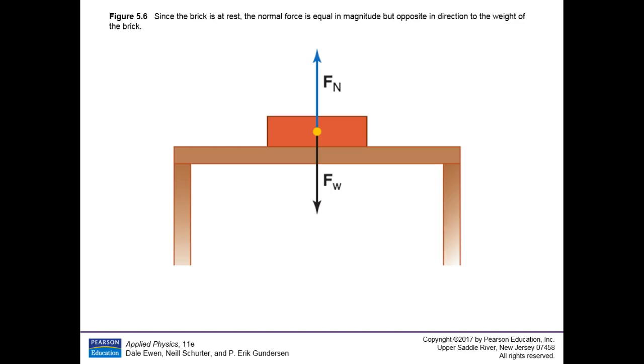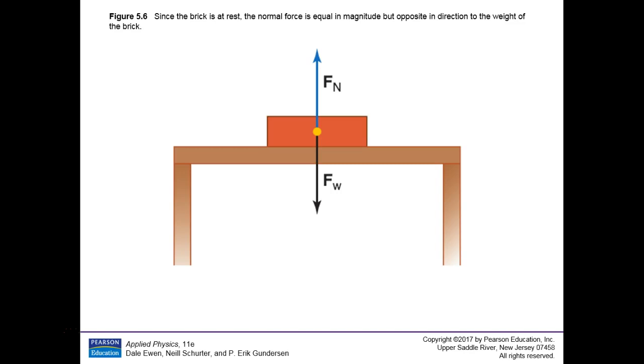Now, would you say the brick has no force on it? Okay? No, I wouldn't say that either, because you know it has weight. If you pick up a brick, you know it's got weight. But it's sitting there on the table, not moving. Since it's not moving, meaning it has no acceleration, no change of velocity, that means its net force is zero.